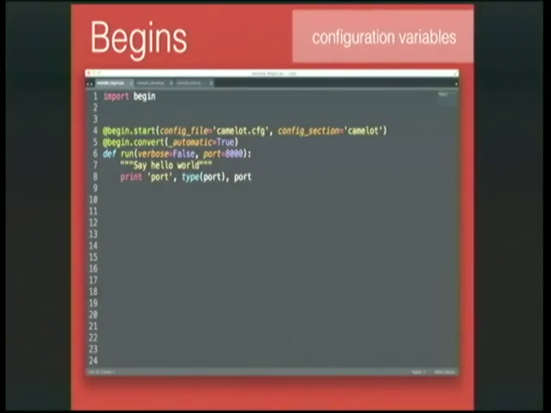In INI formatting, it has a section, and then it has your variables, and then it has a section. You can name your section. In this case, I named it Camelot, and then it'll read your values straight from that config file. If you don't specify a config section, it'll take the name of your function. So in this case, your section would be called run. And that's it. It just reads the files from here.